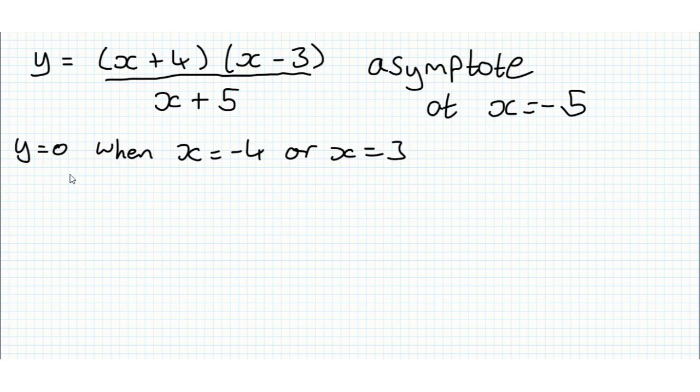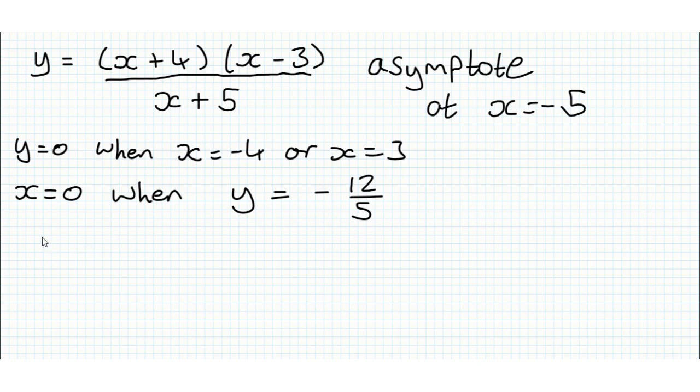To find the y-intercept, we want when x is equal to 0. So we substitute in 0 here, and we get y is equal to minus 12 over 5.